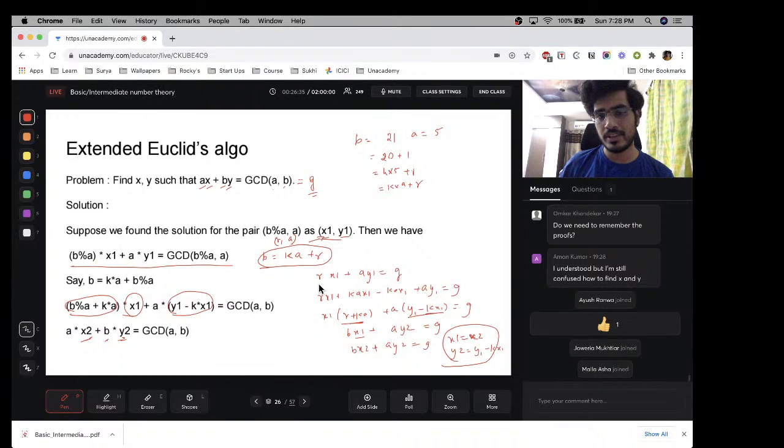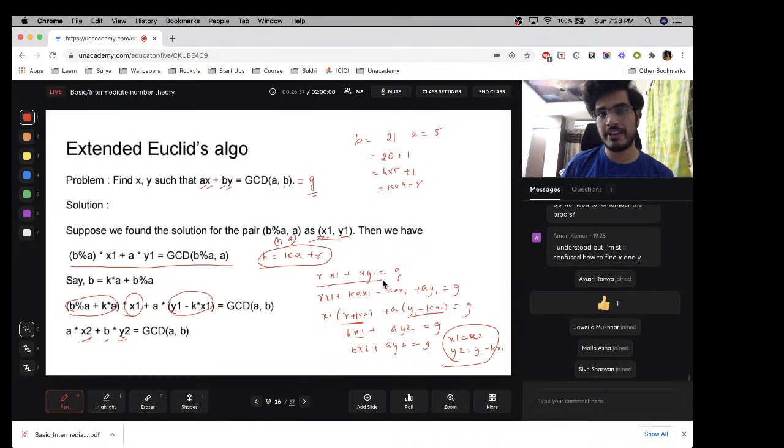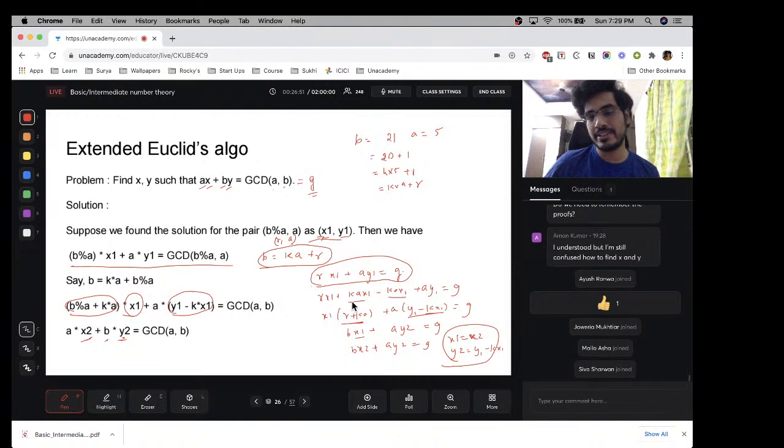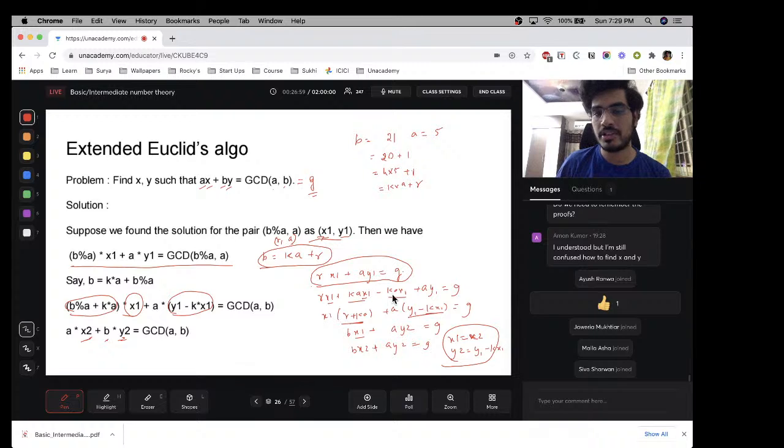So let's say x1 and y1 are the pair for r and a. Let's say GCD equals G. Then we add and subtract k a x1. If we just add and subtract, the right hand side and left hand side still remain the same, right? So we take x1 common from these two terms and a common from these two terms.